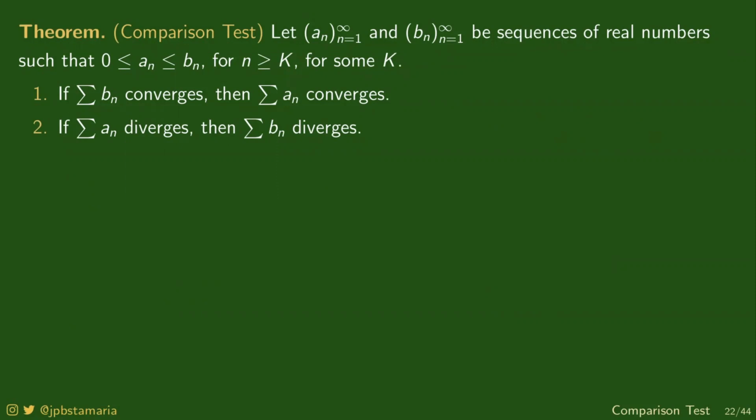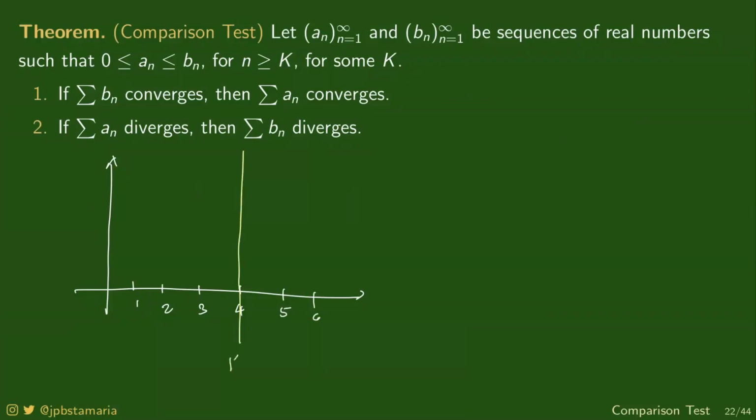Okay? Ang ibig sabihin ko niyan, kung ito yung Cartesian plane ninyo, ito yung N-axis, 1, 2, 3, 4, 5, 6. Let's say ang K ay 4. Maaaring sa umpisa, hindi mo masabi yung behavior ng AN tsaka ng BN.